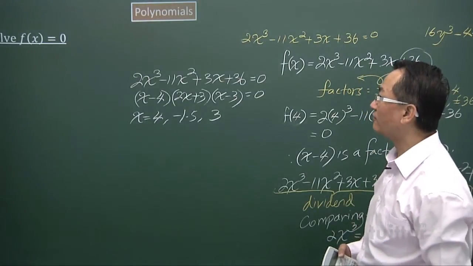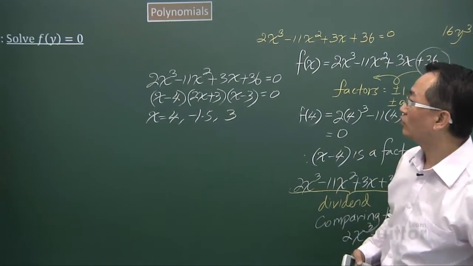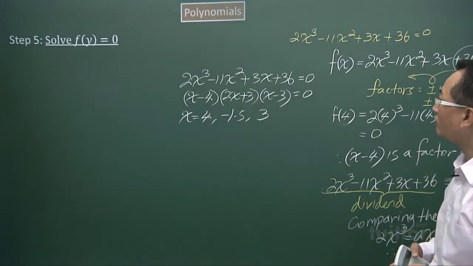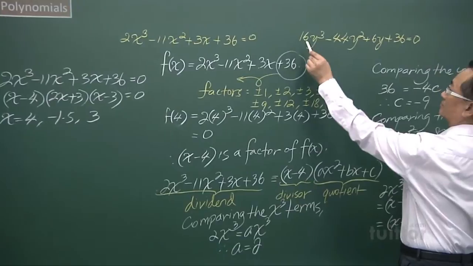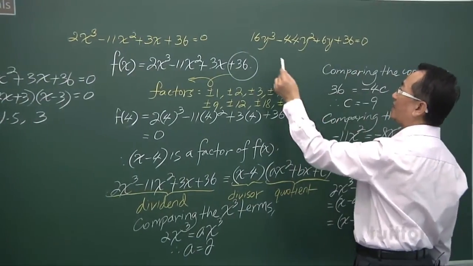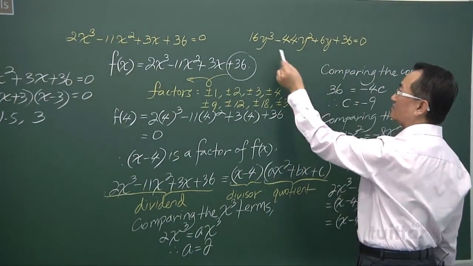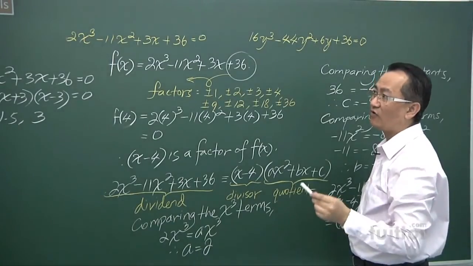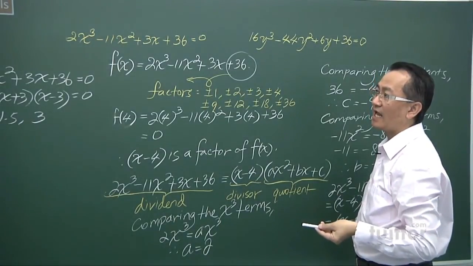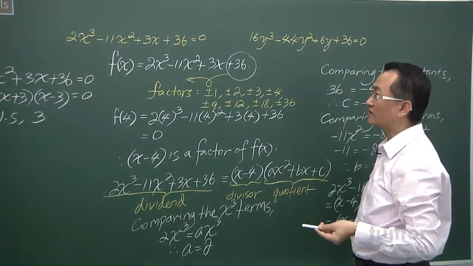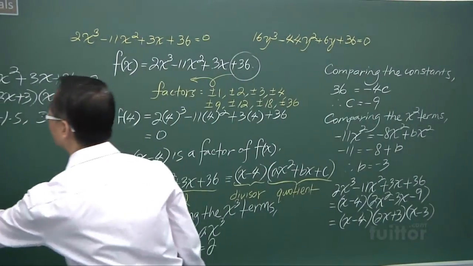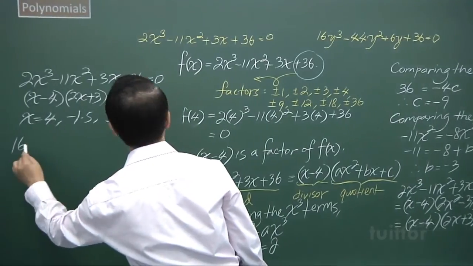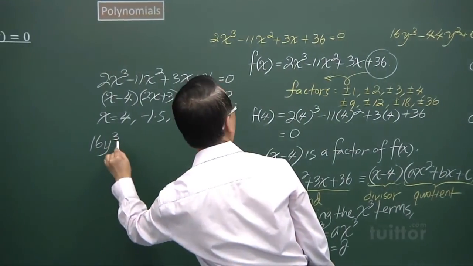So step 5 will be to solve this particular question. You can see this expression is in terms of y. Therefore, I put it as f(y) equals to 0. So to continue, I have these cubic equations to solve.